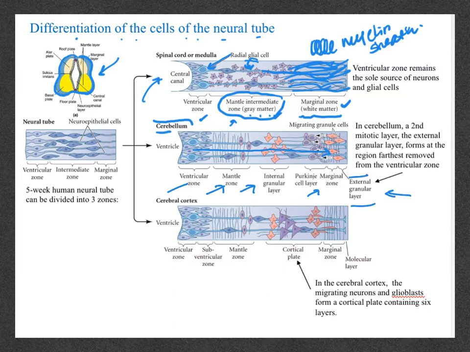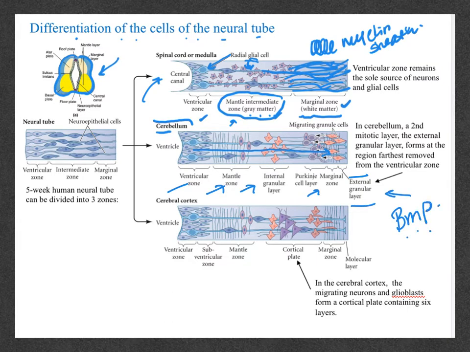This external granular layer is highly folded, and it is composed of Purkinje neurons. And what these Purkinje neurons do is that they proliferate and they make contact with other cells that secrete BMP, bone morphogenic protein.